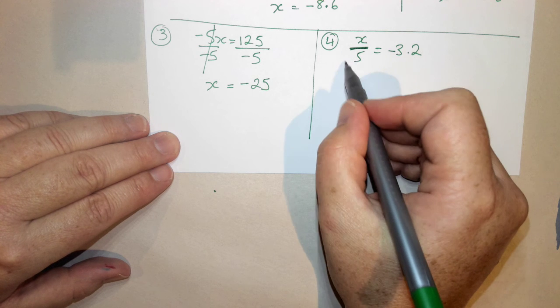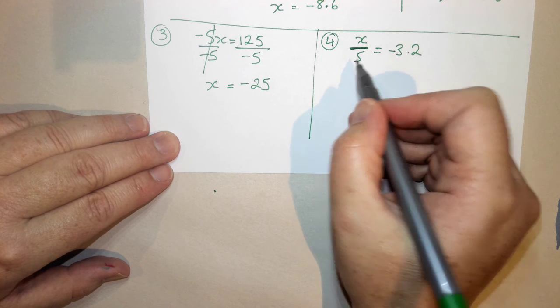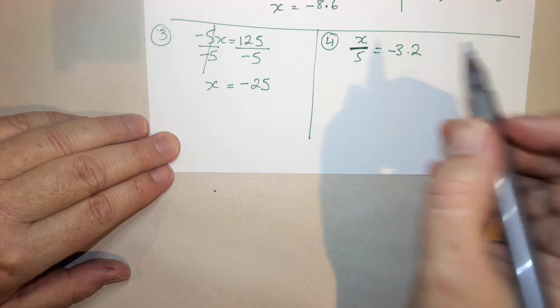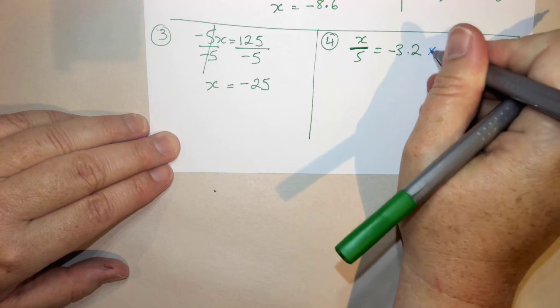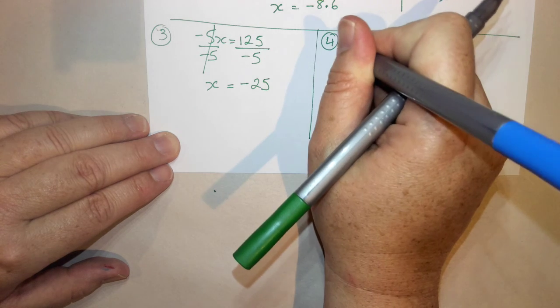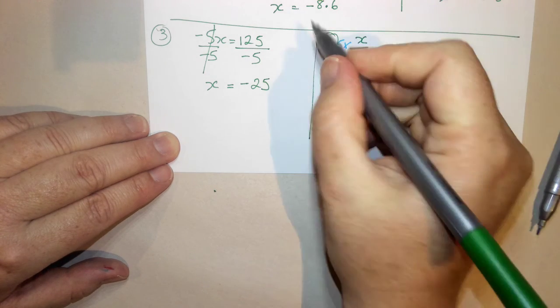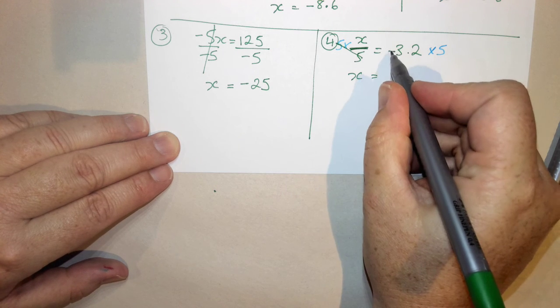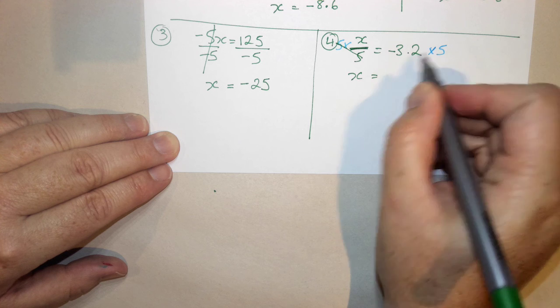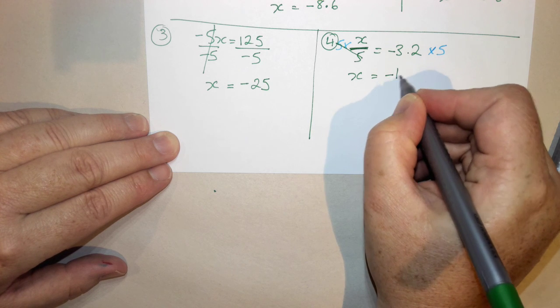So the opposite of dividing by 5 is multiplying by 5. So I want to multiply both sides by 5. So I'm going to multiply this side by 5 and this side by 5. And the 5s there cancel to leave me with an x, and negative 3.2 times 5 is equal to negative 16.